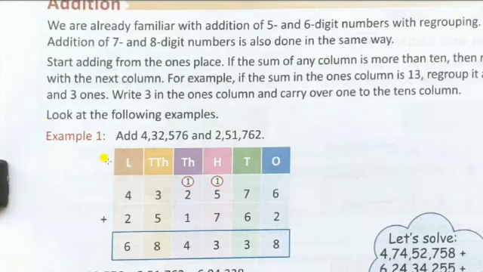So let us see the example here. 4 lakh 32,576 and 2,51,762. We have to add both the numbers. First, for our convenience, we have written the headings of the periods, that is ones, tens, hundreds, thousands, 10,000, lakh.